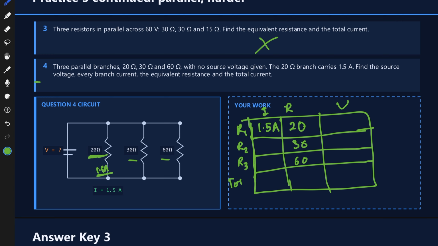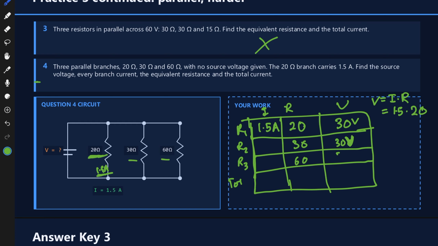Okay, so to figure out the resistance total, we could do that, but let's figure out voltage first. Voltage is I times R, 1.5 times 20, or 30 volts.